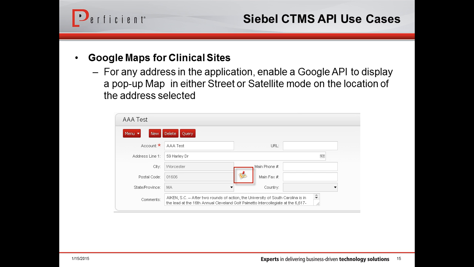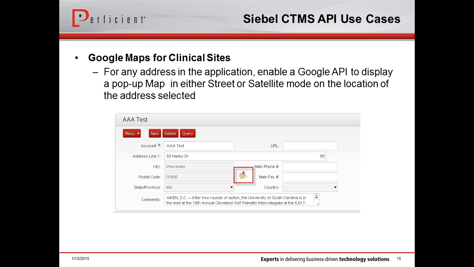So another valuable API that we all use all the time is Google Maps, right? In the Siebel application, we of course have address information for our sites and our investigators.